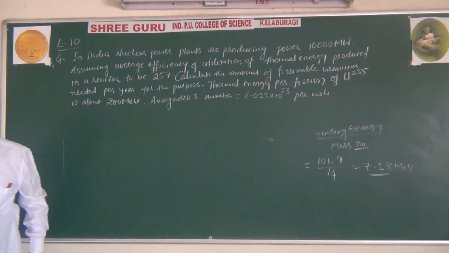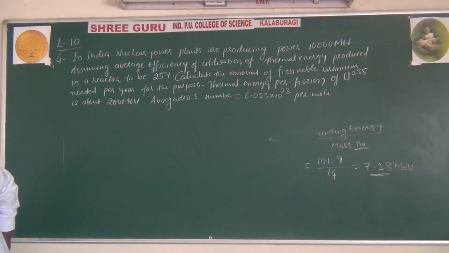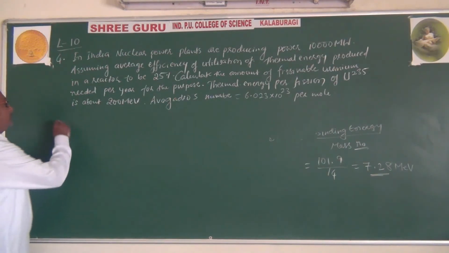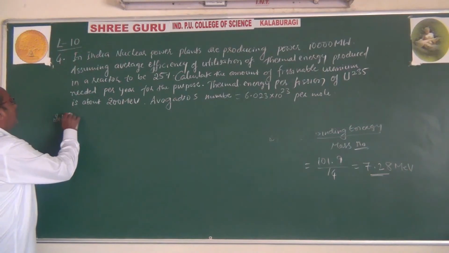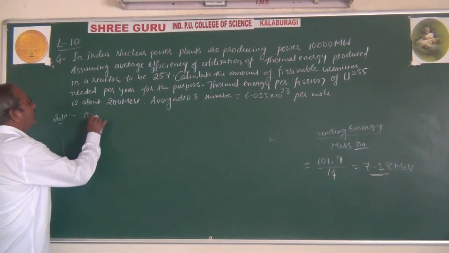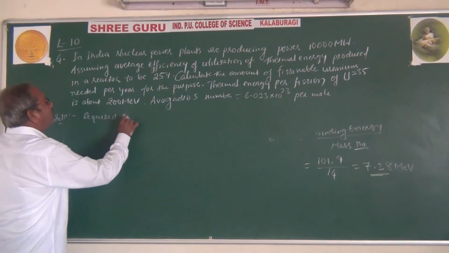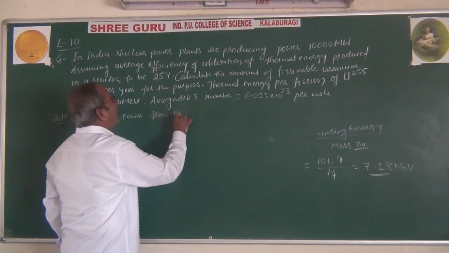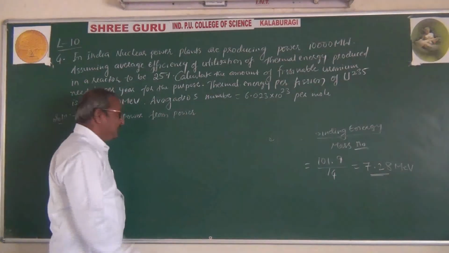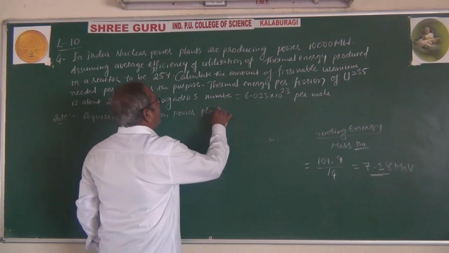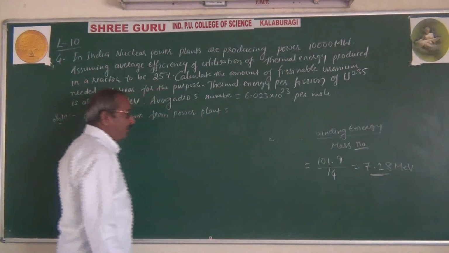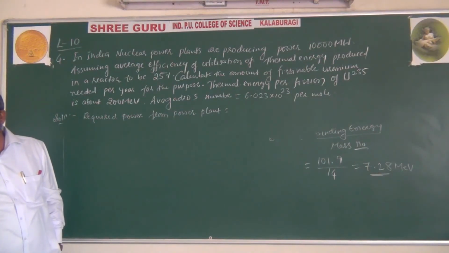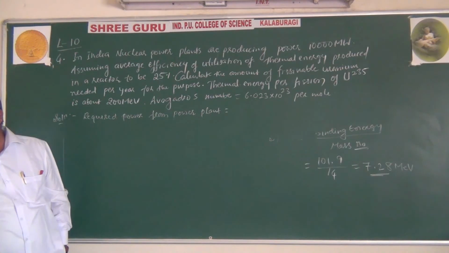So that means this is the required power from the power plant. Solution. What is the required power here? Required power from the power plant. In India, we have a number of power plants. In Karnataka, there is one power plant, the Kaiga atomic power plant.